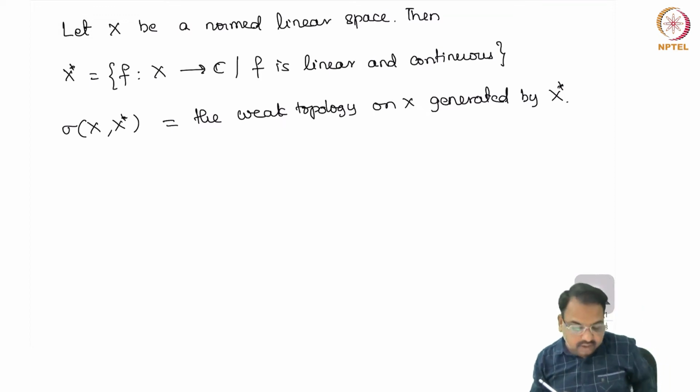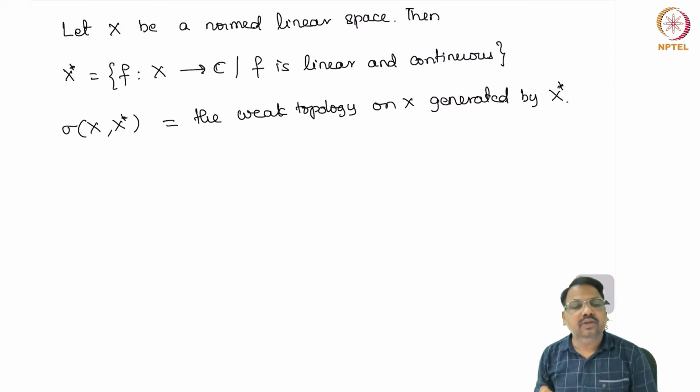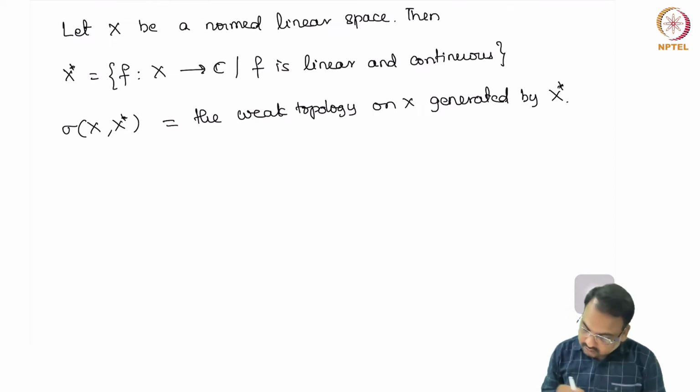We know that every functional f in X star is bounded with respect to the norm topology of X. Now we are looking at the weakest topology on X such that each of these functionals is continuous. Okay, so this is a weak topology on X generated by X star.